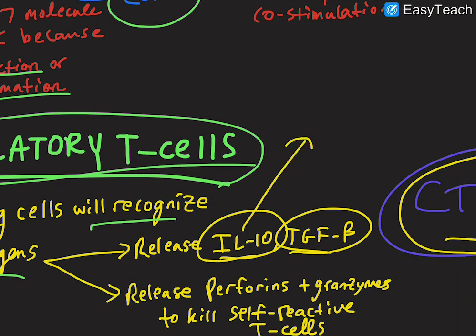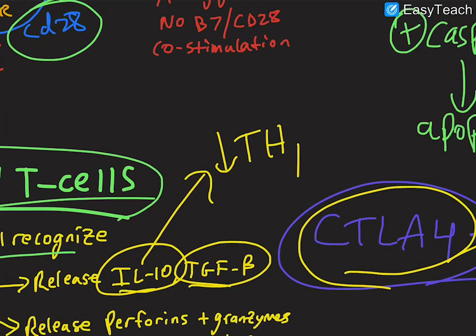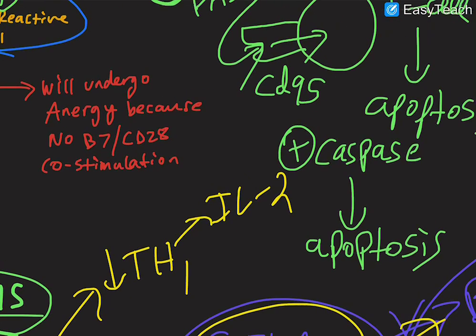Now remember, IL-10 decreases activity of the Th1 subtype, the Th1 subtype of CD4 helper T cells. What did the Th1 subtype do? What's one of the cytokines it released? Remember, it released interleukin 2. What was interleukin 2 really good for? Activating CD8 T cells.